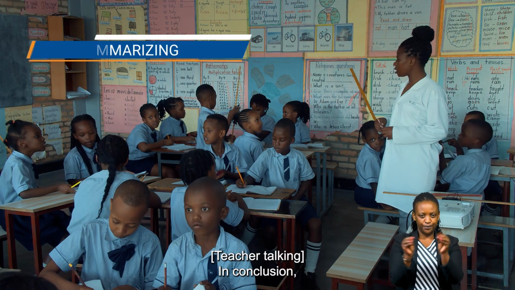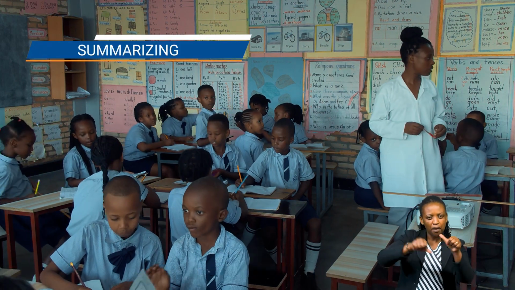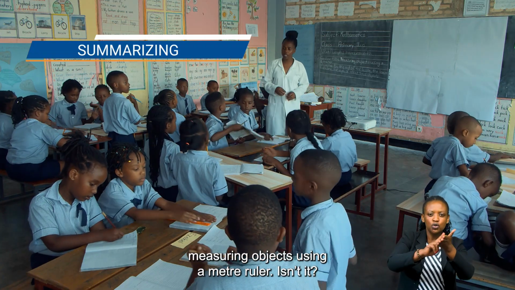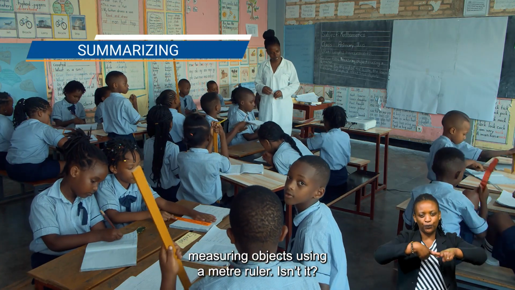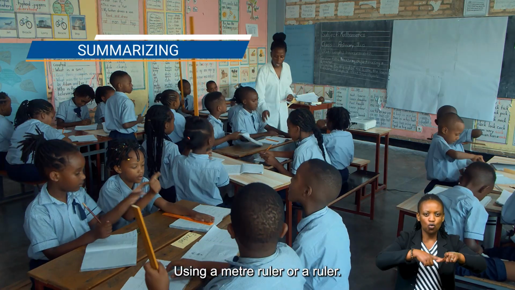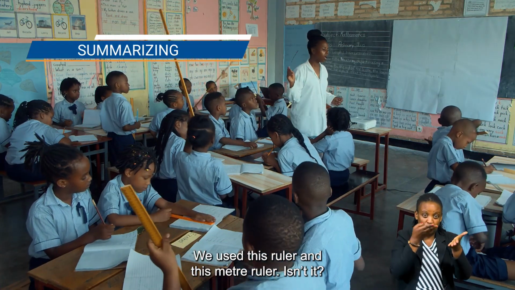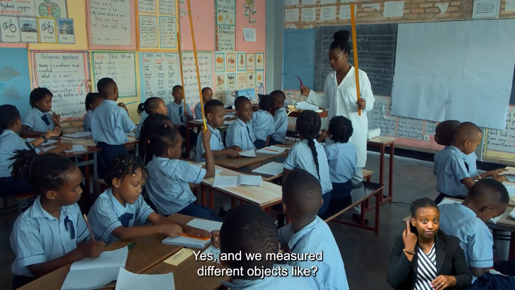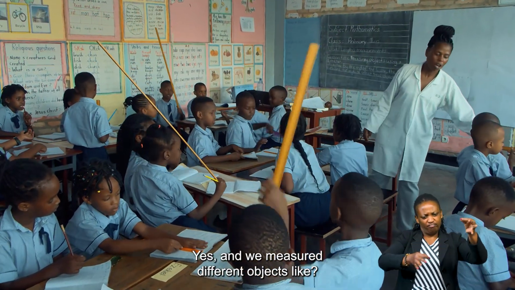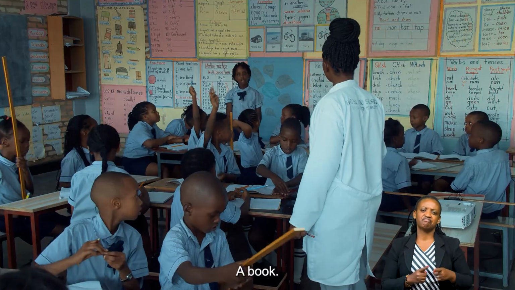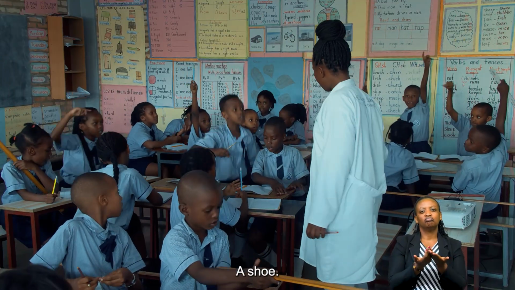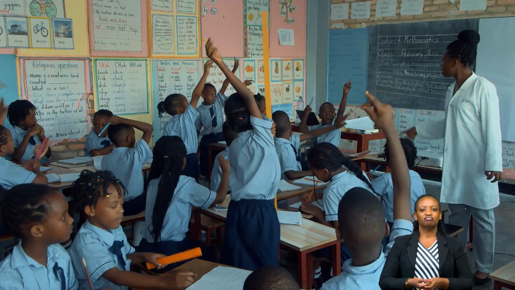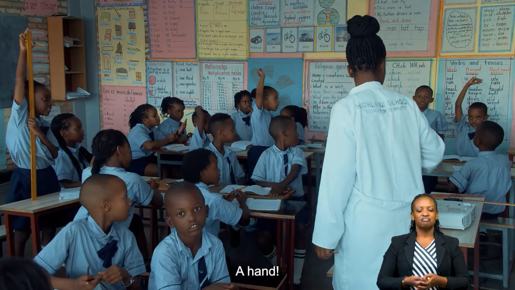In conclusion, we have been studying about measuring objects using a meter ruler, isn't it? Using a meter ruler or a ruler. We used this ruler and this meter ruler. And we measured different objects like a book, then a shoe, then a hand.